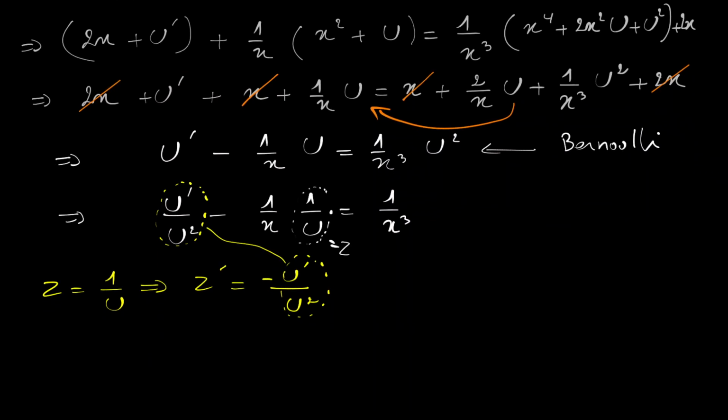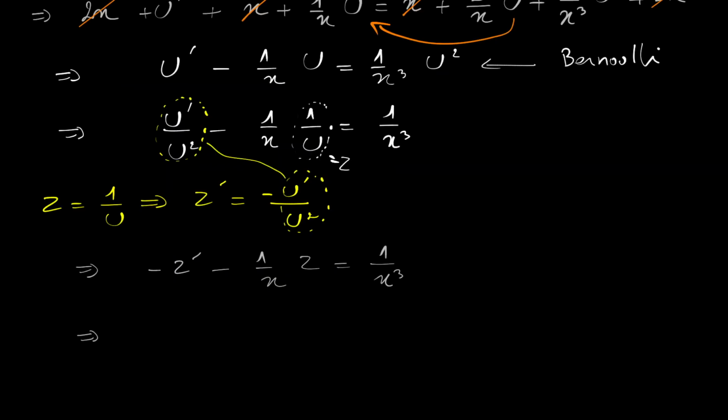Then we can write our new equation in this form. To simplify the next step, I am going to multiply by minus 1 to obtain this, which is a linear equation.